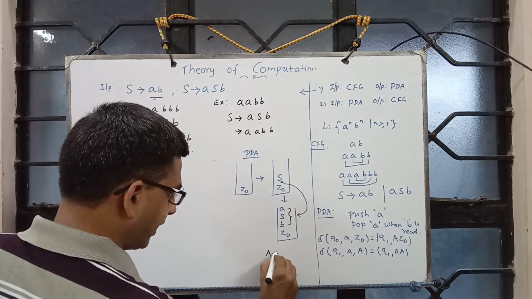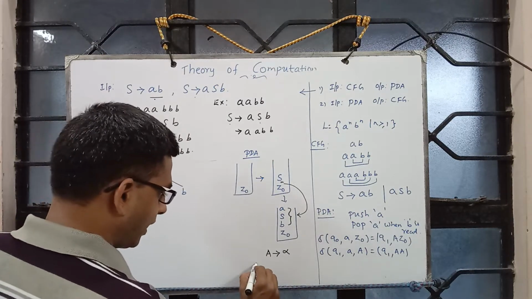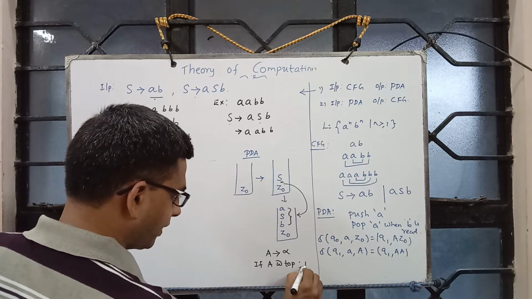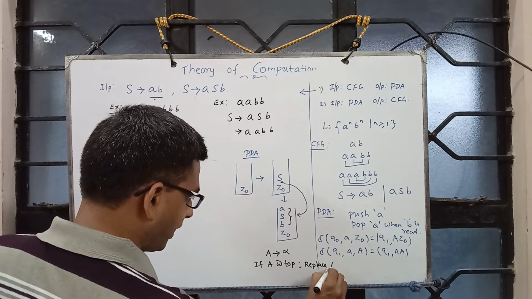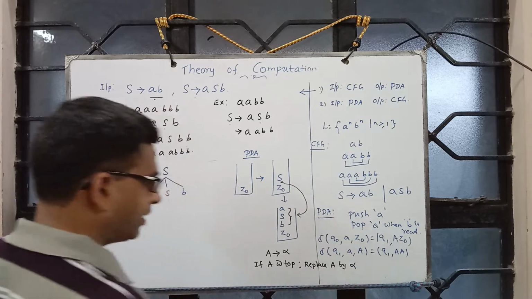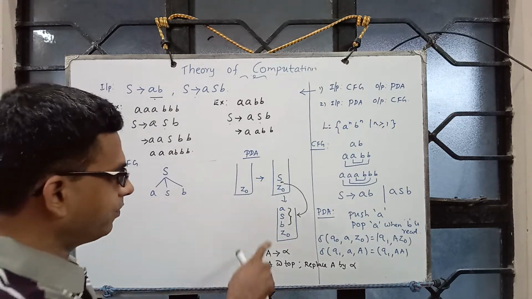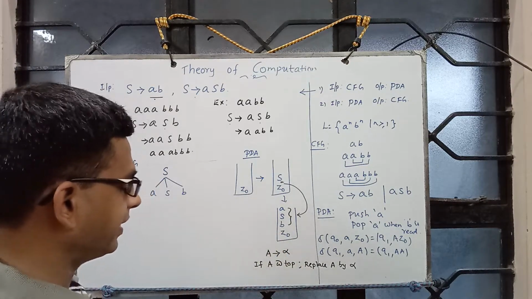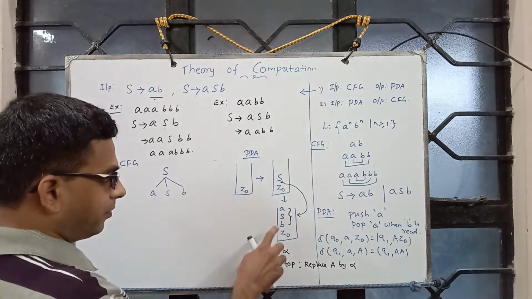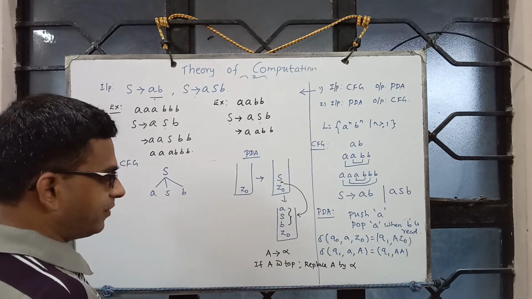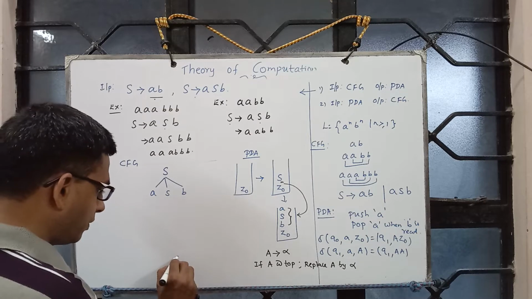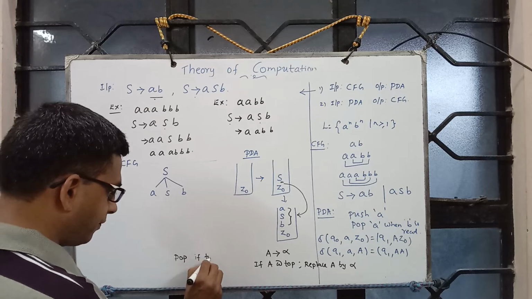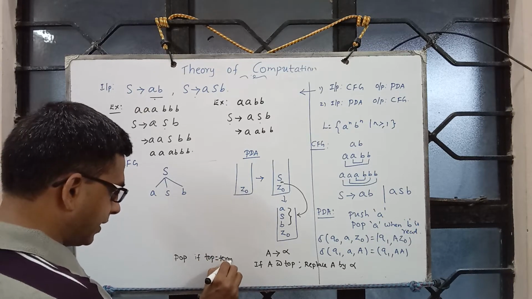So if you find A implies alpha, and if A is at the top, replace A by alpha, where alpha is a string over terminals and non-terminals. You push alpha just like the way you push a string onto the stack. But if it is not a non-terminal but a terminal, then we perform pop if top equals terminal.